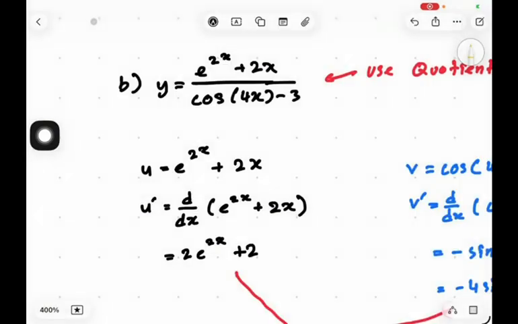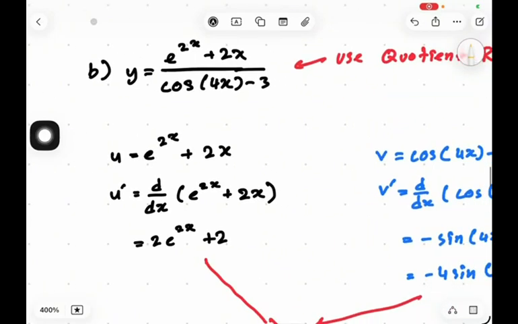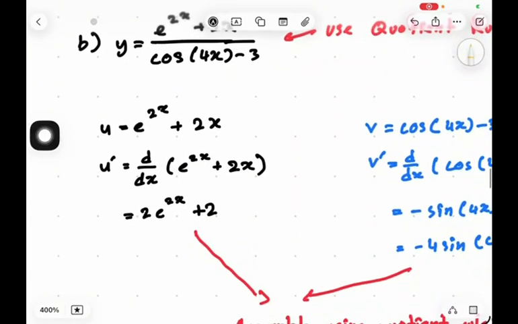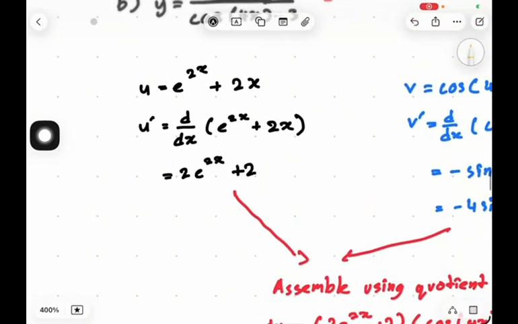Obviously, we have to differentiate both to get u prime and v prime. I already differentiated u, so u prime is 2 times e to the power of 2x plus 2.